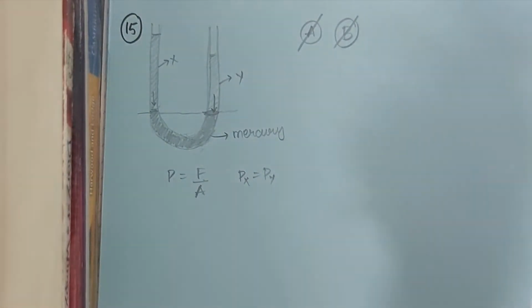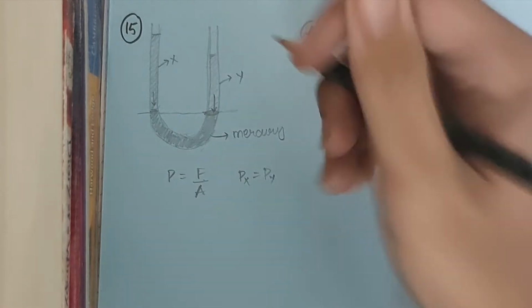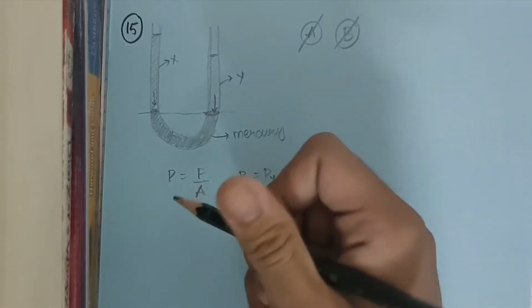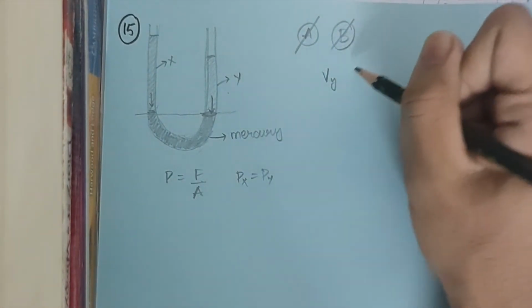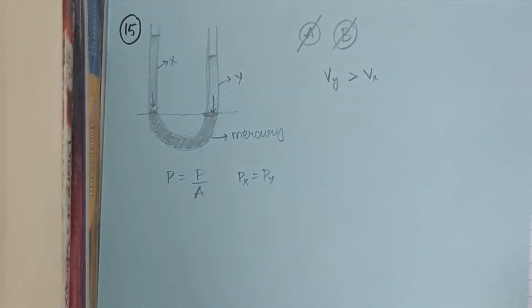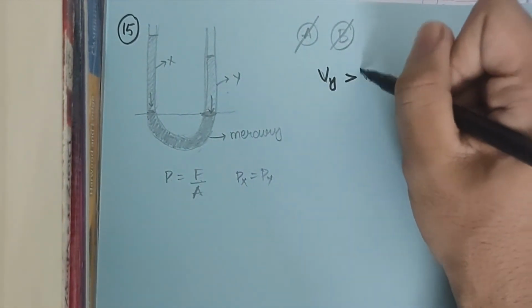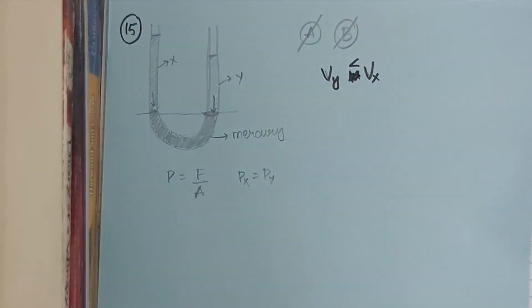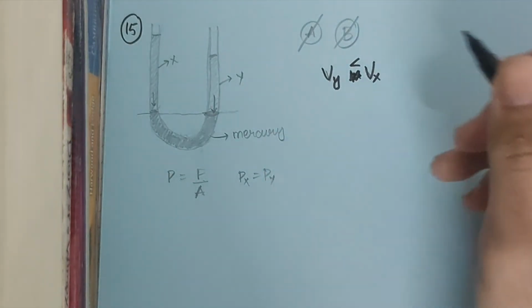Now, coming to the density part, which liquid has a higher density? Let's think about the volume first. So Y has a higher volume than X. So I'll just write Vy is greater than Vx. I'm sorry, Vy is smaller than Vx. Once we know that, let's think about their force. The force applied by both of these liquids will only depend on their masses. So what is the force applied by each of them?